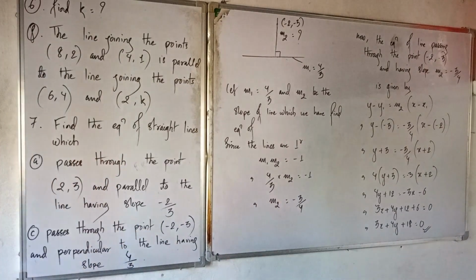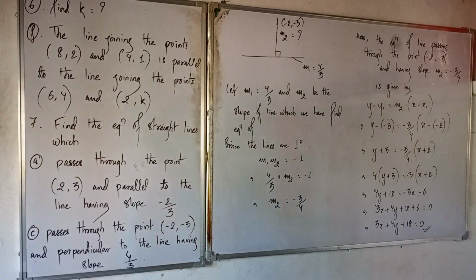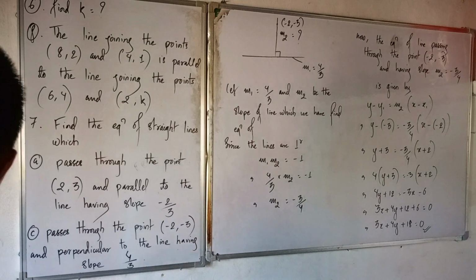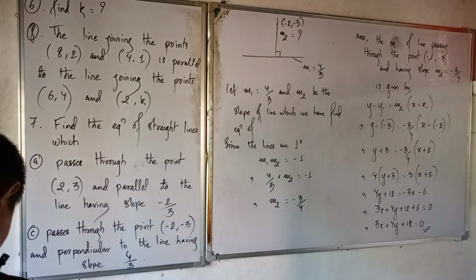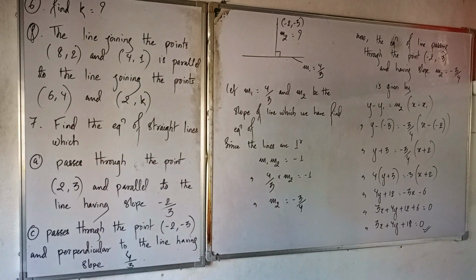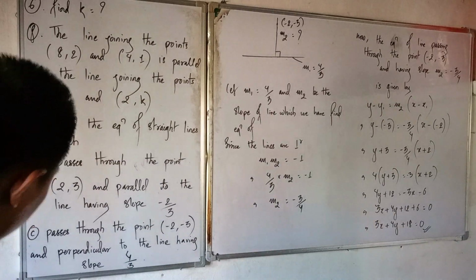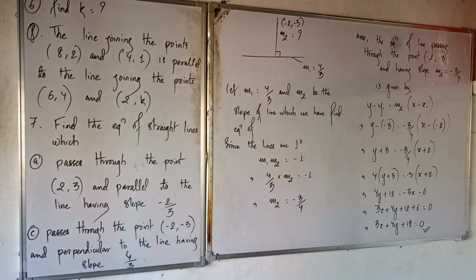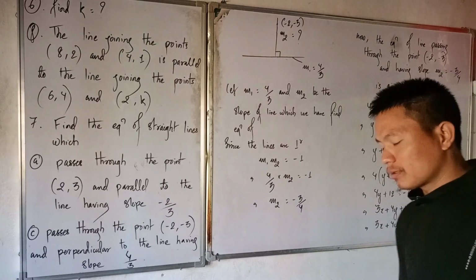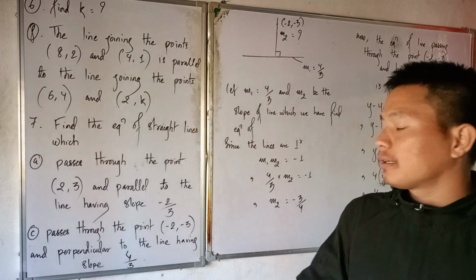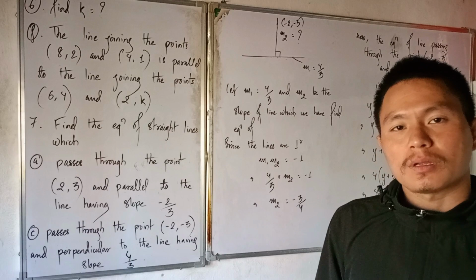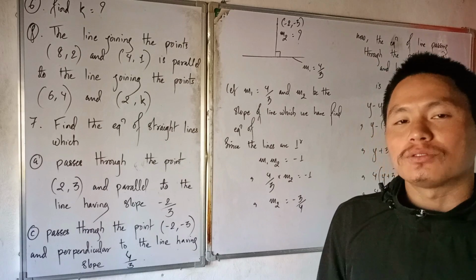Okay, so without any further delay, let's go into the next questions. Next, we have done up to 7a and c. Now let's move on to number 8. To remind you again, we are in the optional math coordinate geometry of angles between any two lines.